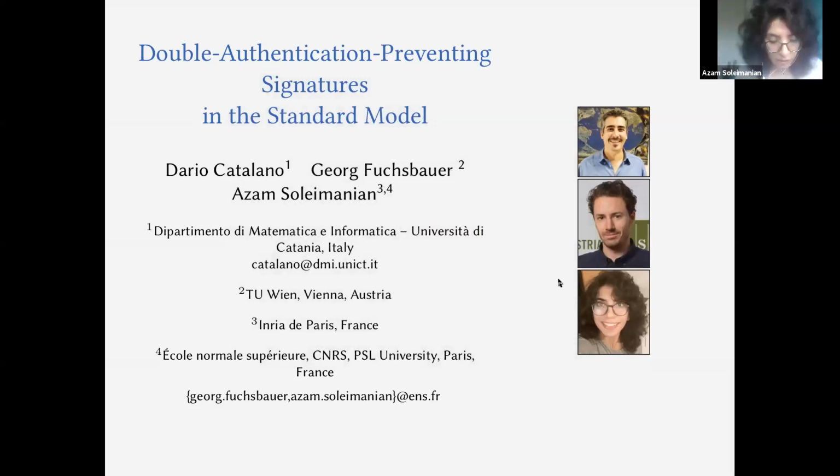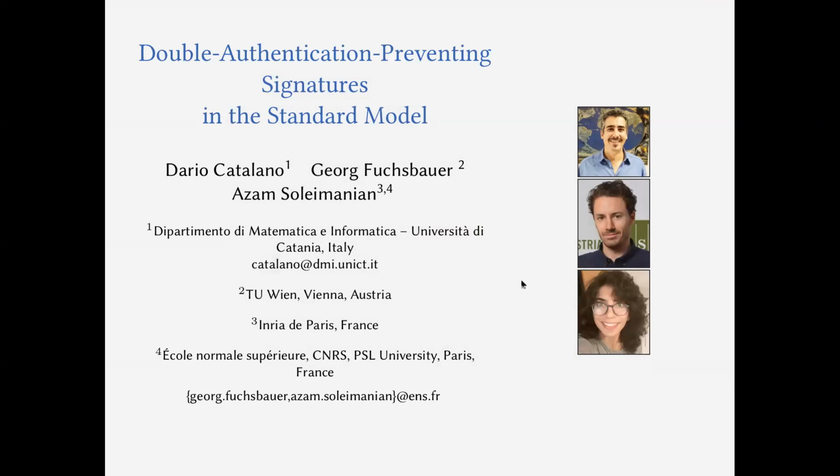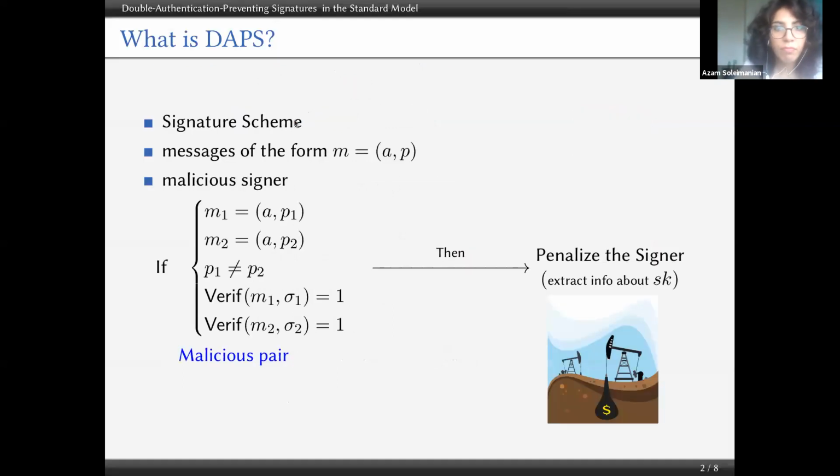Hello, everybody. I'm Azam, and this is a short presentation of our work, Double Authentication Preventing Signatures in the Standard Model, which is a joint work with Dario and Georg. In this presentation, I'm using DAPS as the abbreviation for double authentication preventing signature. And what is DAPS?